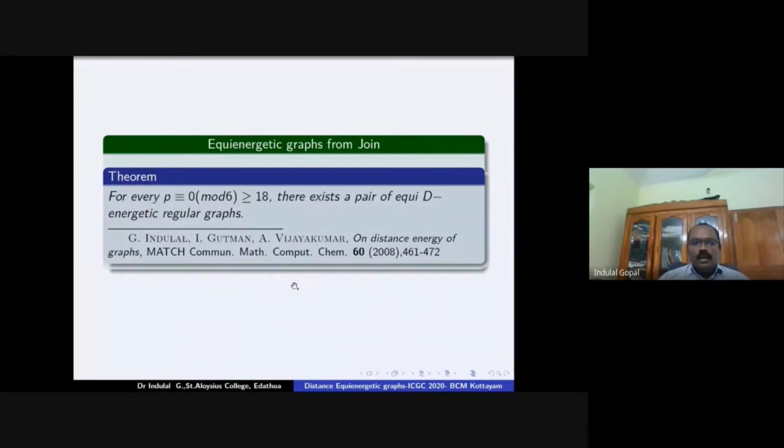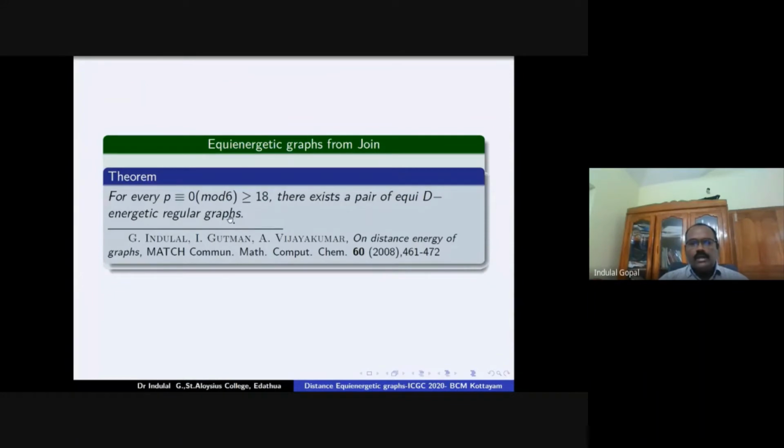And in our fundamental paper on distance energy, which appeared in MATCH in 2008, we proved that for every p congruent to 0 mod 6, for every p equal to a multiple of 6 greater than or equal to 18, there exists a pair of distance equi-energetic regular graphs.